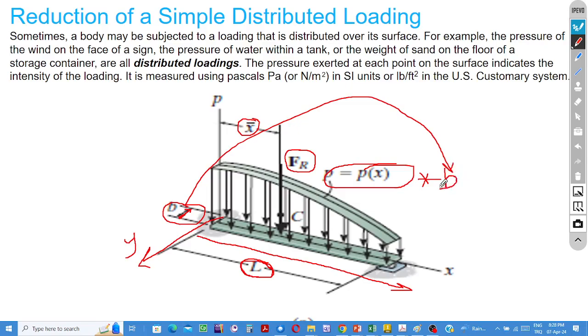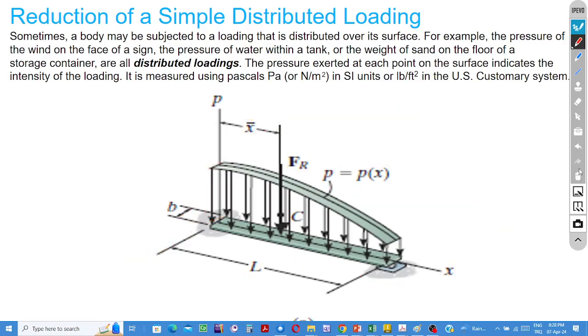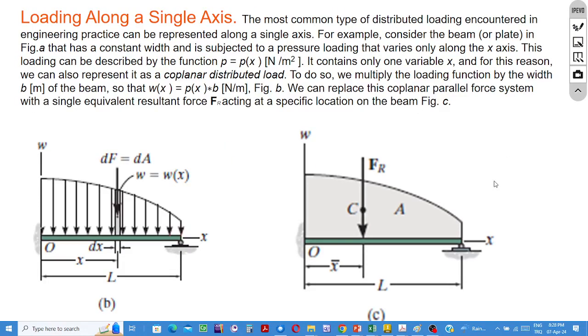Multiplying the surface pressure by that dimension gives a new load function. It is denoted in the book by Hibbeler with a lowercase w. It is going to be again a function of x.